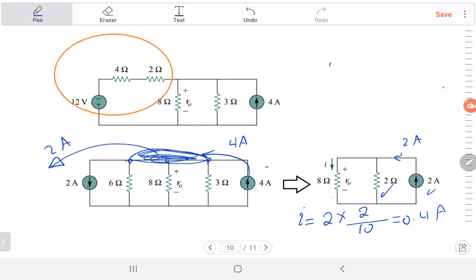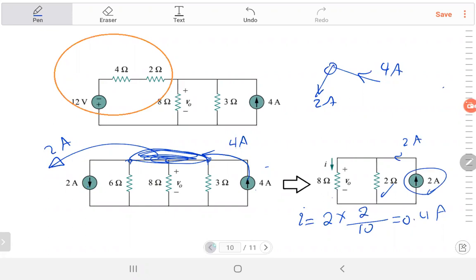So in 4 amp, out 2 amp. What is the result? 2 amp. That's why I canceled the 4. I said 4 minus 2, because I take the direction in as positive. 4 plus minus 2, the equivalent would be 2 amp.